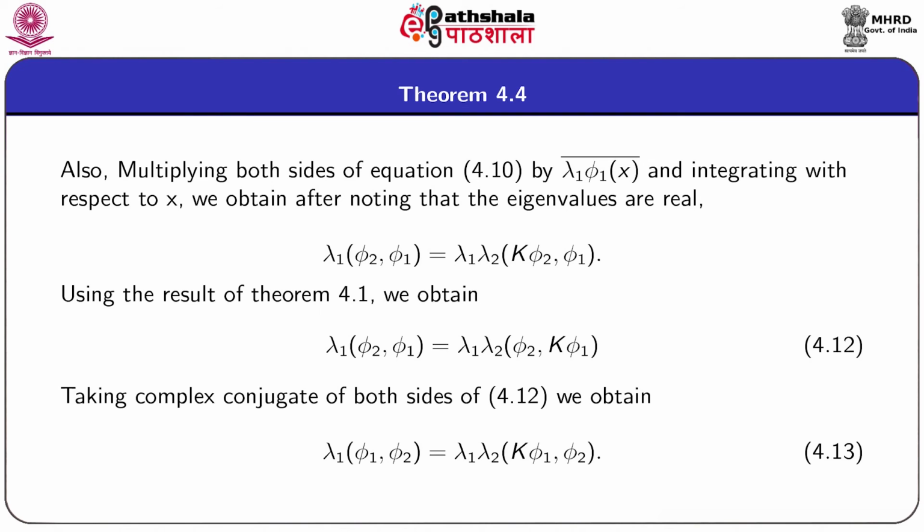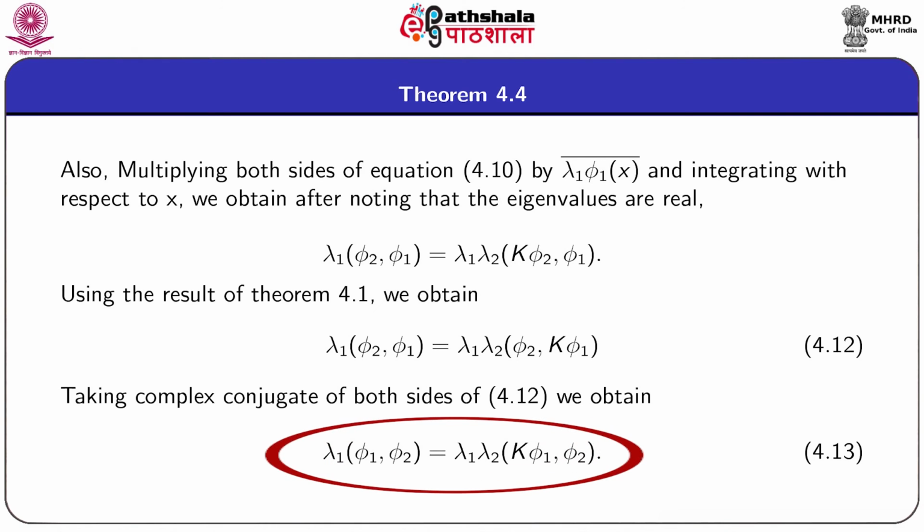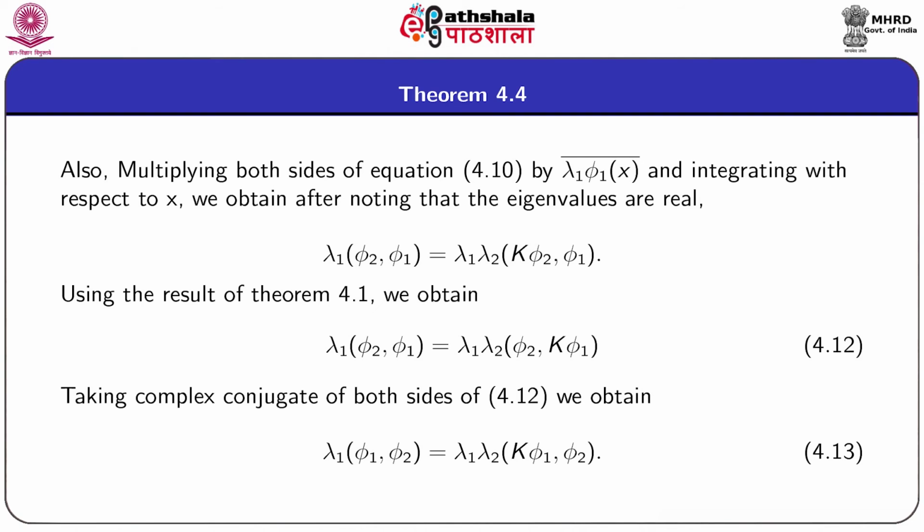Now, if we take the complex conjugate on both sides of equation 4.12, we will find that lambda 1 into the inner product of phi 1 and phi 2 is equal to lambda 1 into lambda 2 into the inner product of K phi 1 and phi 2, as given by equation 4.13.